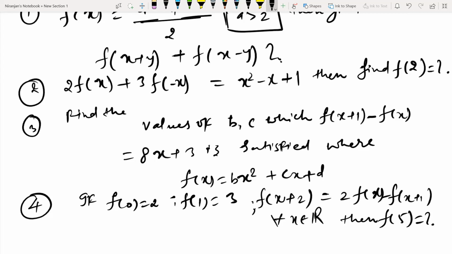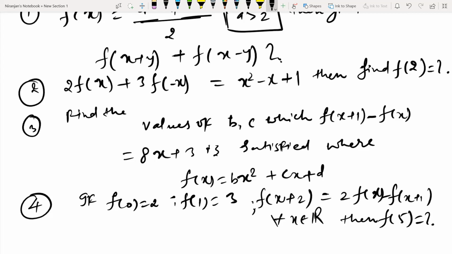So what is in the third question, 8x plus 3 is satisfied where f of x is given by bx squared plus cx plus d. No, no. My handwriting is so poor, guys.